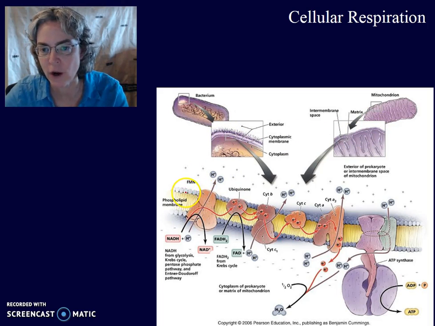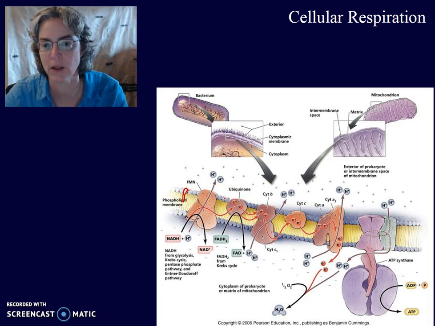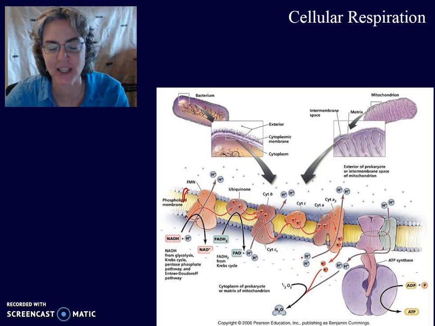Okay, so here's our membrane. You hopefully recognize these molecules right here. These are our phospholipid molecules that are making up our phospholipid bilayer. And these are proteins, enzymes that are catalyzing the reaction.